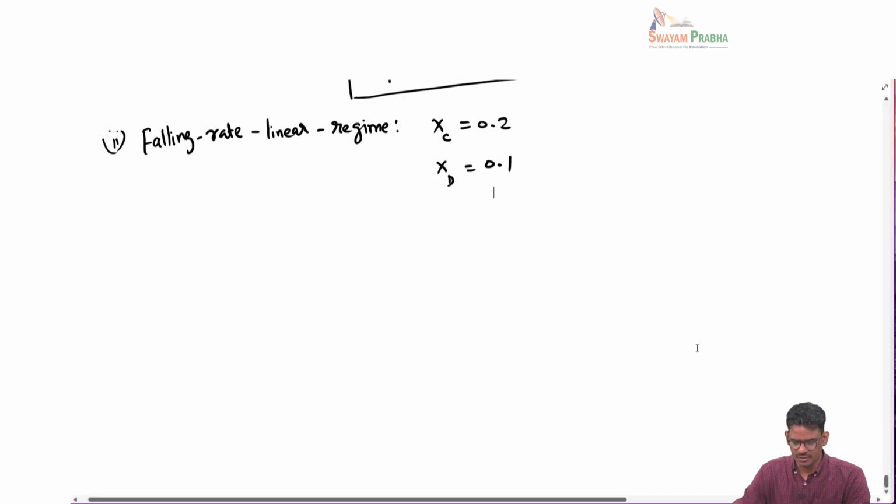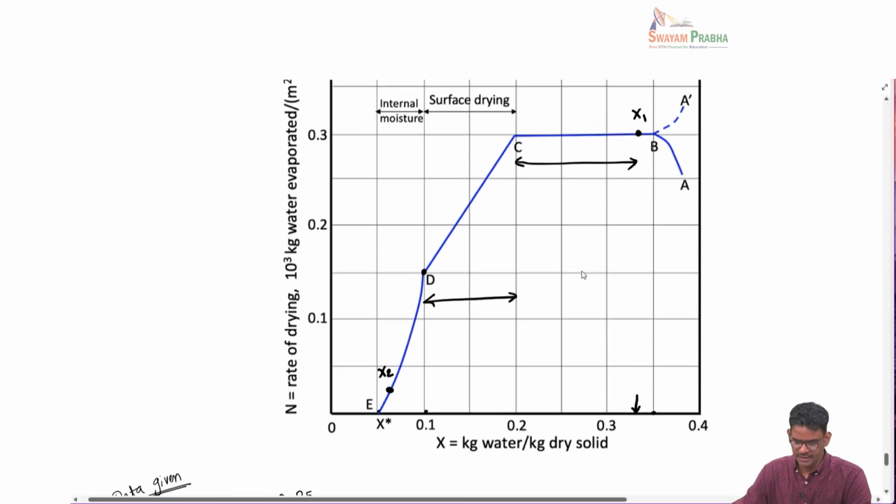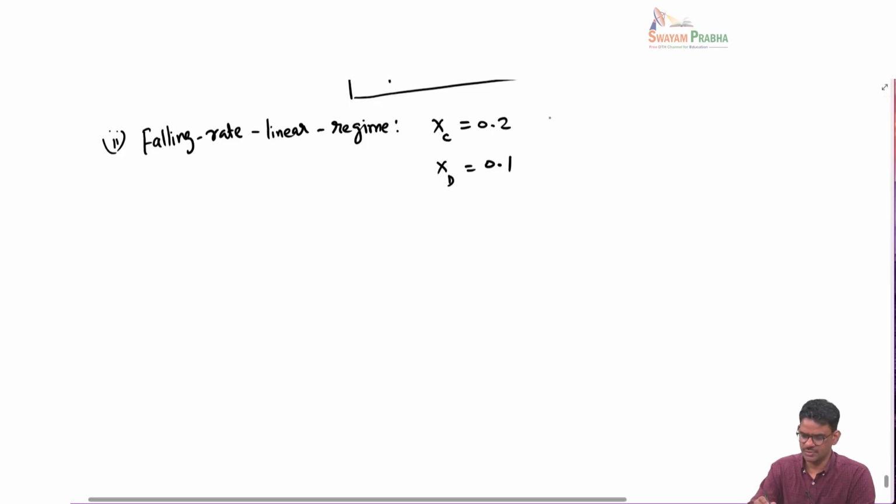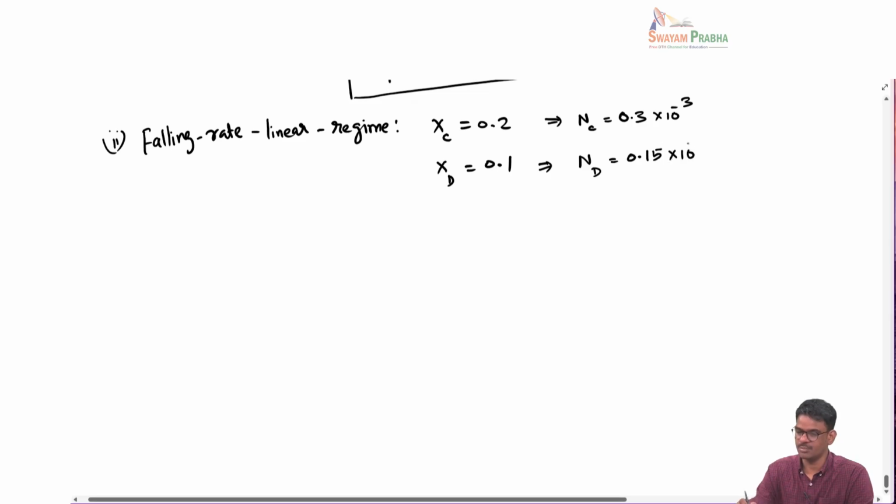We can also read the values of n1 and n2 at these points. So this is 0.15, this is 0.3. Corresponding to this, we have NC of 0.3 into 10 power minus 3. Corresponding to this, we have ND of 0.15 into 10 power minus 3.